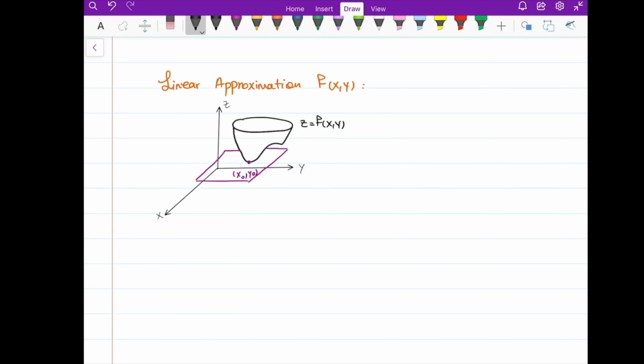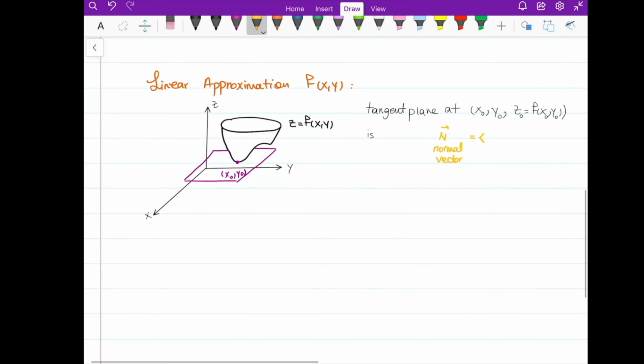Okay, equation of the tangent plane at the point x0, y0, and z0. z0 is basically the value of the function at x0 and y0, is this. It has a normal vector. If you remember, the normal vector has this equation.